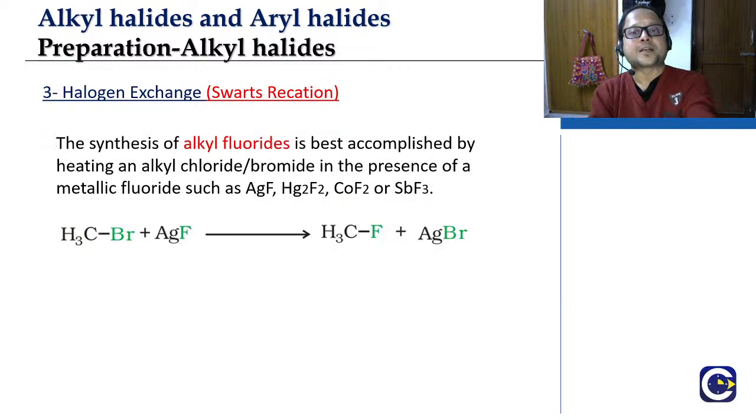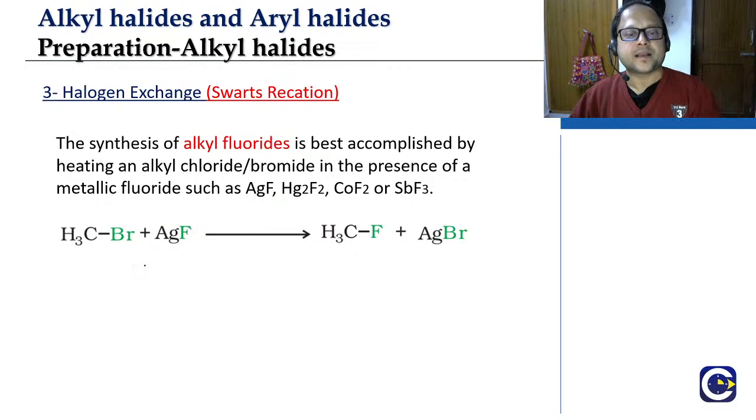Okay, now Swarts reaction, as we talked about. It is very difficult to prepare fluoroalkanes directly, because they are so violently reactive that you need a controlled separate method of preparation. Again it's a double displacement reaction, hence we say exchange.